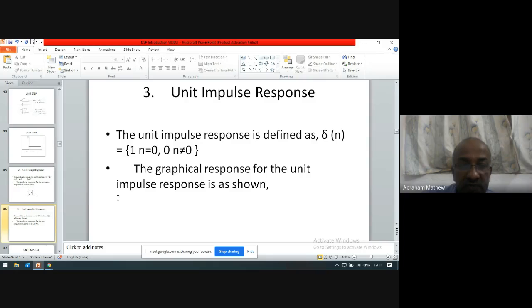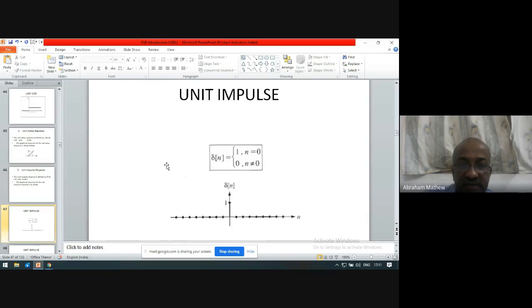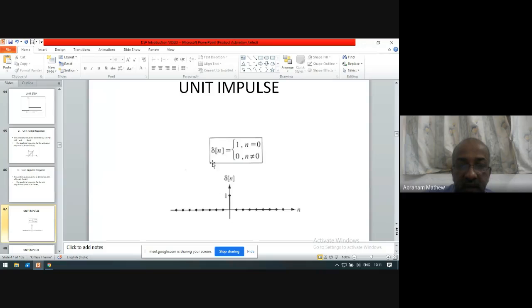And for all other values, it will be 0. It means 0 for n not equal to 0. This is a unit impulse. A unit impulse signal is this. This is a graphical representation. Delta of n is equal to 1. If you take the slope of this one, it is 1. That is the meaning of unit impulse. Delta of n is equal to 1 for n equals 0, and 0 for n not equal to 0.